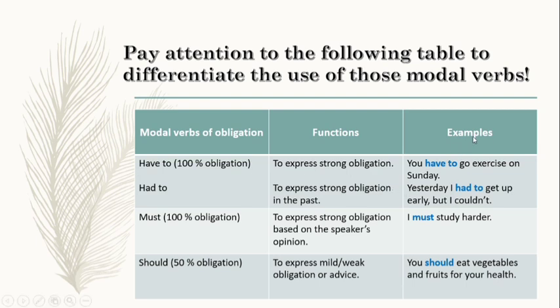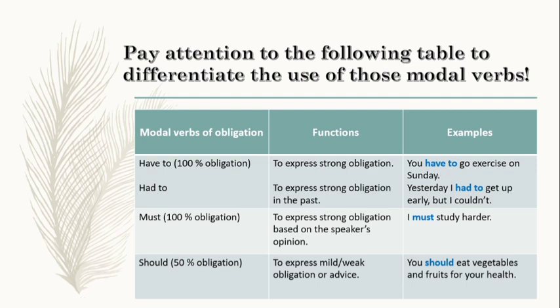For example, you have to go exercise on Sunday. The modal verb have to in the example indicates that you express strong obligation, and it indicates a habit or obligation now or in the present.